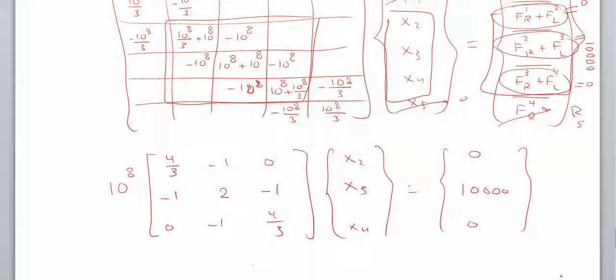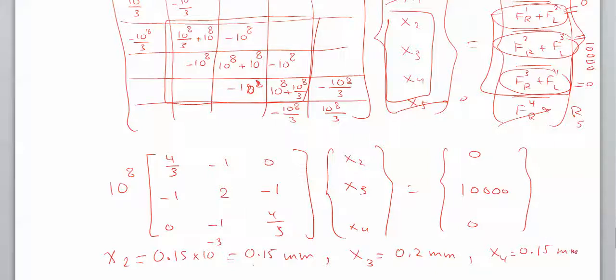So you solve it, and x2 equals 0.15 times 10 to the minus 3, which means this is 0.15 millimeters. And I will just write down the other ones. x3 equals 0.2 millimeters, and x4 is going to be 0.15 millimeters.